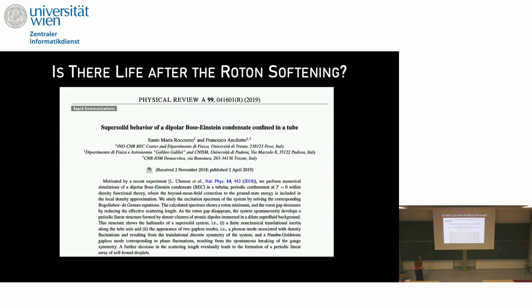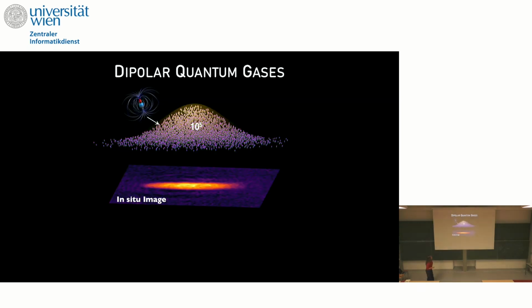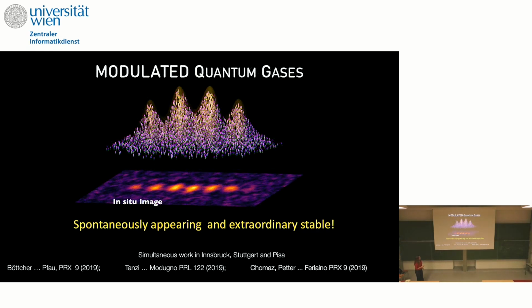And this new ground state, in similarity with research in condensed matter physics, was a supersolid ground state. So this was really the key paper that put our observation in contact with the possibility of having created a new phase of matter.